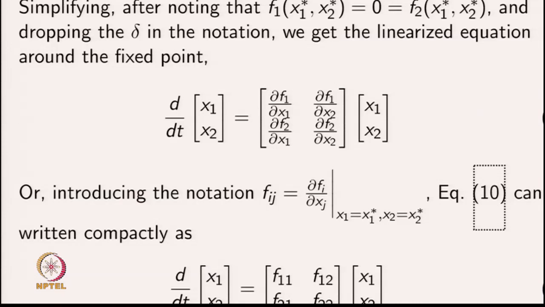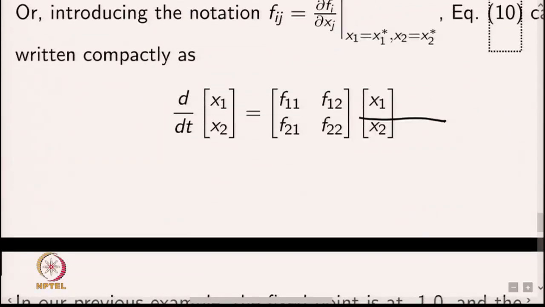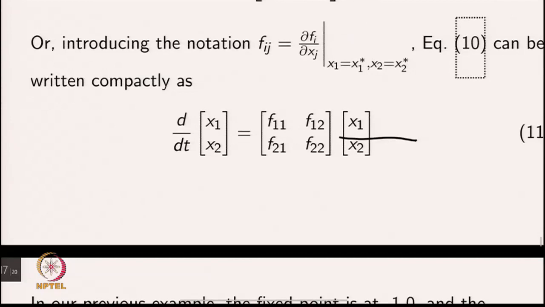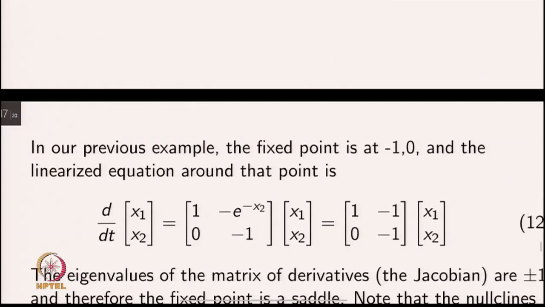Or even further simplifying our notation, writing Fij as partial of Fi with respect to partial of xj, so Fij is partial of Fi with respect to xj evaluated at the fixed point, we can rewrite this entire equation compactly as d by dt of x1 x2 as f11 f12 f21 f22 times x1 x2. Notice that this is exactly our linear equation in 2 dimensions that we started today's lecture with.